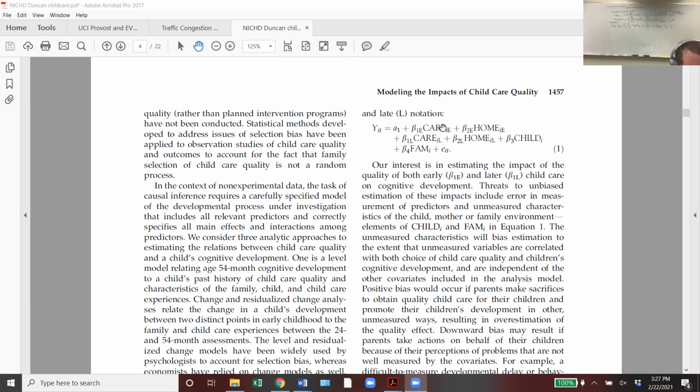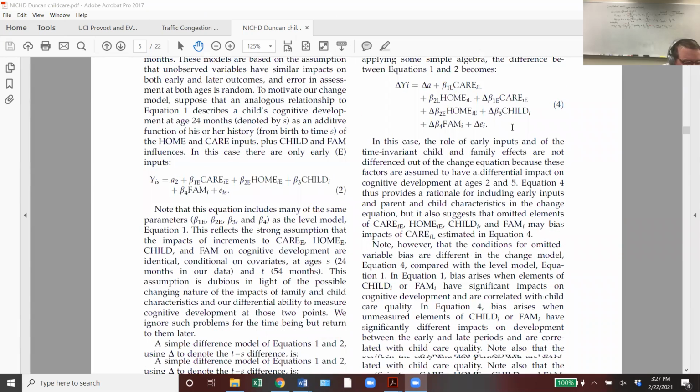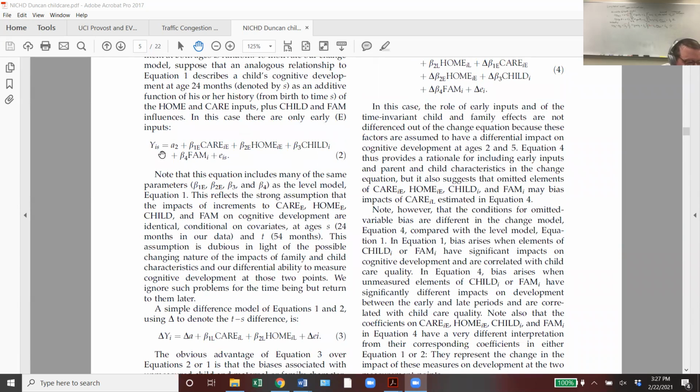These childcare variables add up to the accumulation of childcare conditions from birth to 5. The 2 home variables are the accumulation of home conditions from birth to 5, and then these child and family variables. And then we say, well, suppose that same thing was true at age 3.